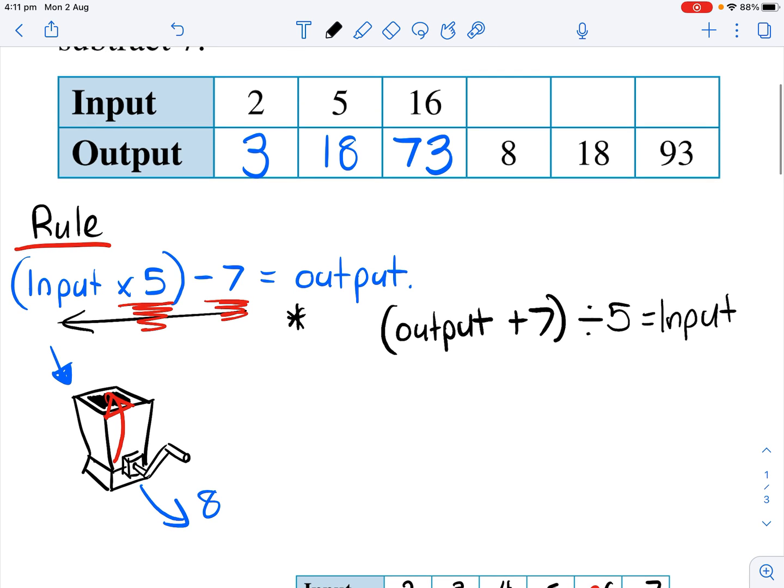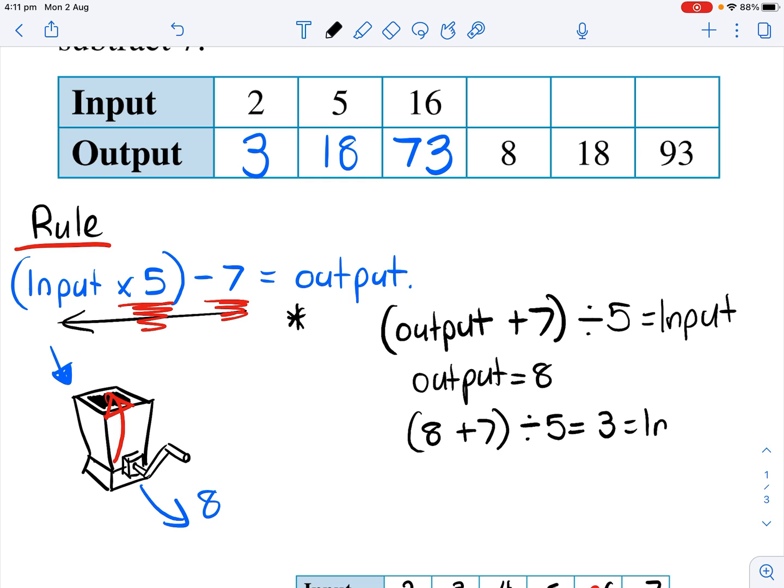So the output in this case is equal to 8. So that means it is going to be 8 plus 7, which is 15, divided by 5. 15 divided by 5 is equal to 3. So that's going to be the input value. So a 3 must have gone into this for an 8 to be the output.